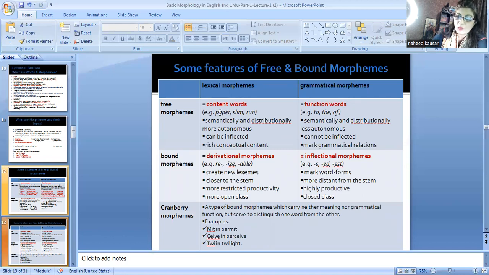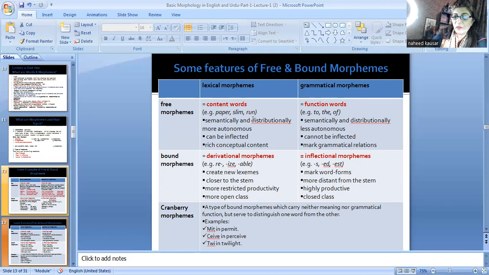Let's consider this word paper, and let's use an inflectional morpheme S to make it plural, like papers, right? So paper, by adding the S inflectional morpheme, we can make it inflected.